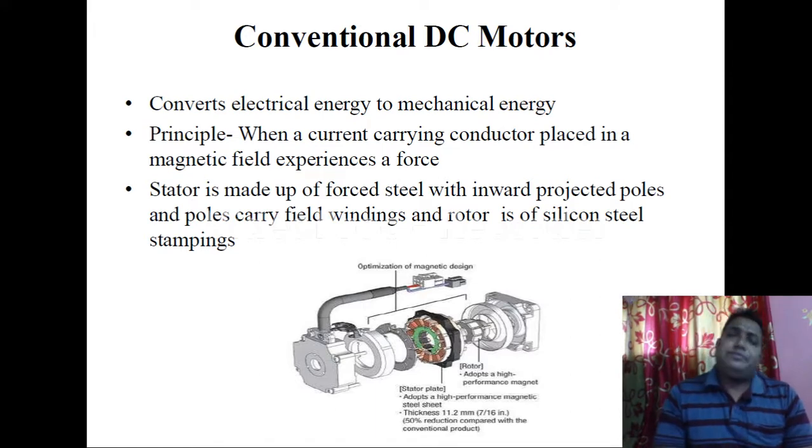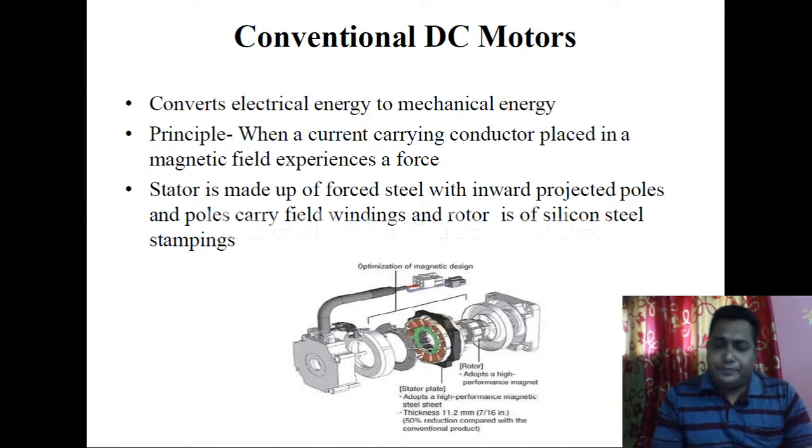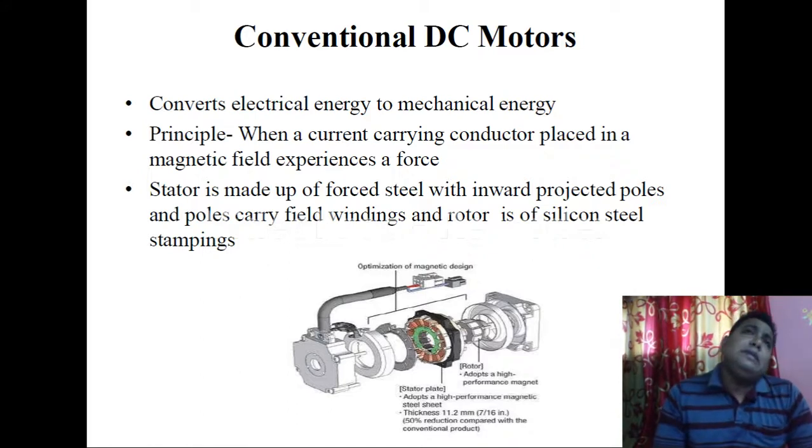As we are discussing a motor, we give electrical energy as input and get mechanical energy as output. The working principle of a DC motor depends on the fact that a current-carrying conductor placed in a magnetic field experiences a force.